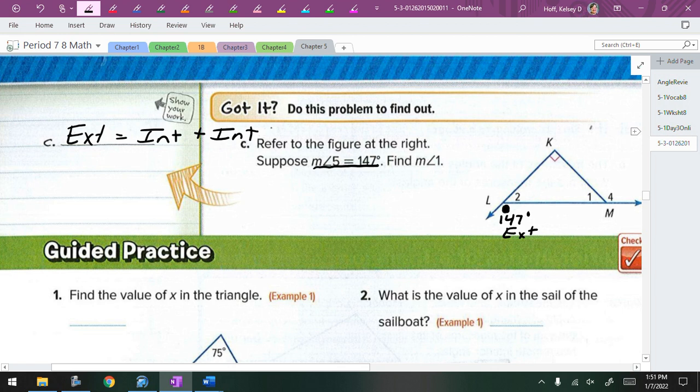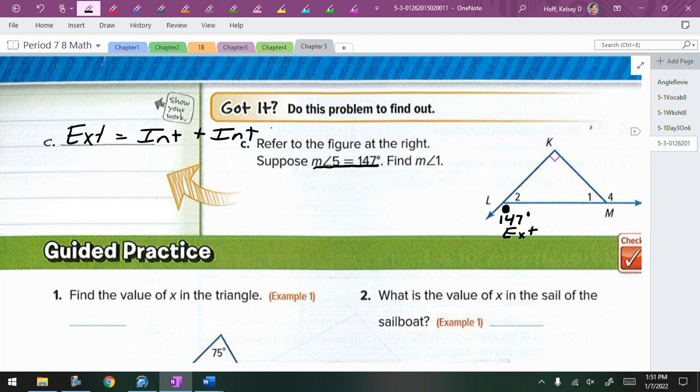Obtuse. You were confident, and you're not wrong. Just wasn't exactly what I was looking for. What does obtuse mean? More than 90, less than 180. Acute means less than 90.